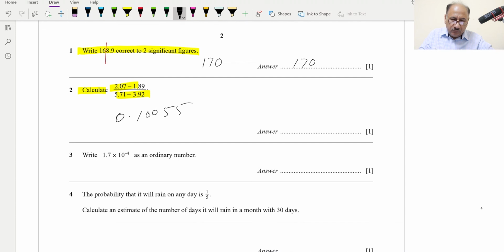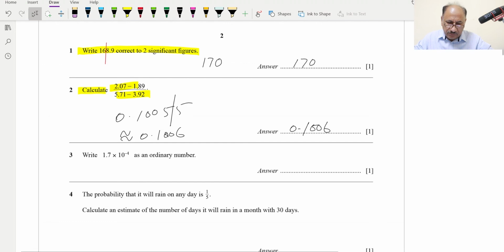We have to round this, so we can rewrite it as approximately equal to 0.1006. So our answer will be 0.1006.